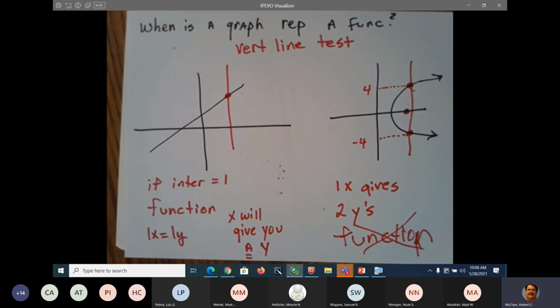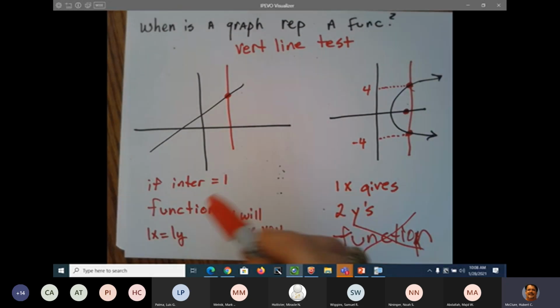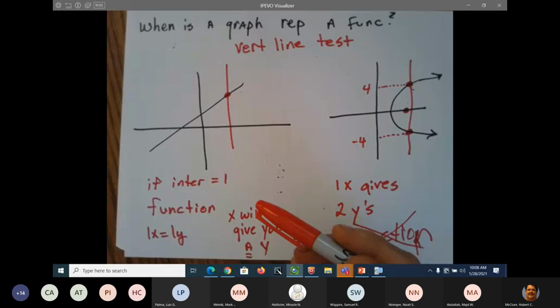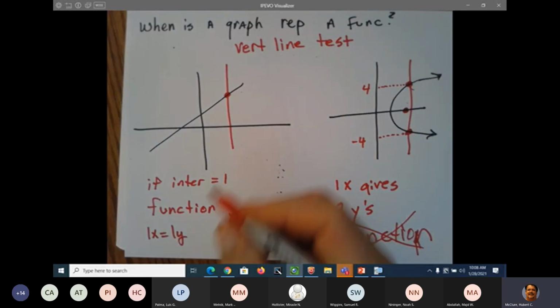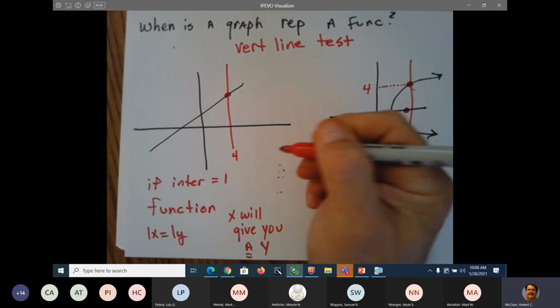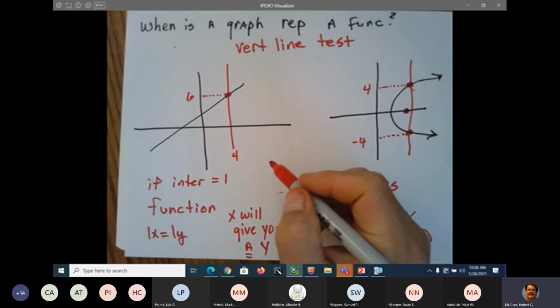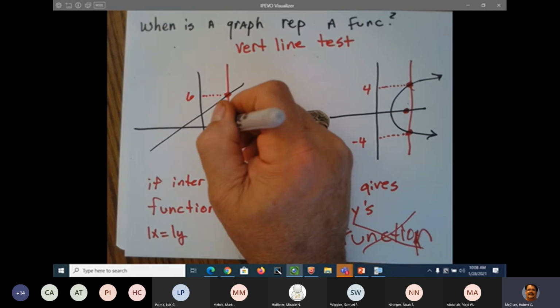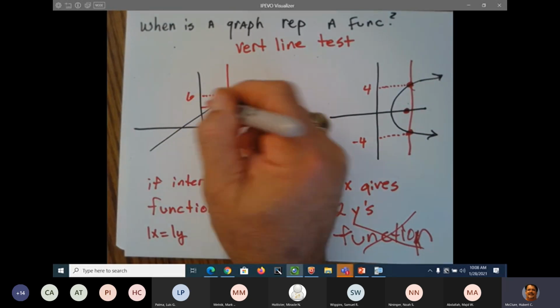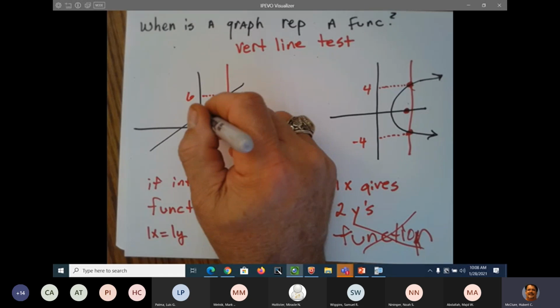If a function gives you one answer, it is a function. In other words, 1 x will give you 1 y. This x right here, let's say this x is 4, and this y is 6. For each x I plug in, I get 1 y.